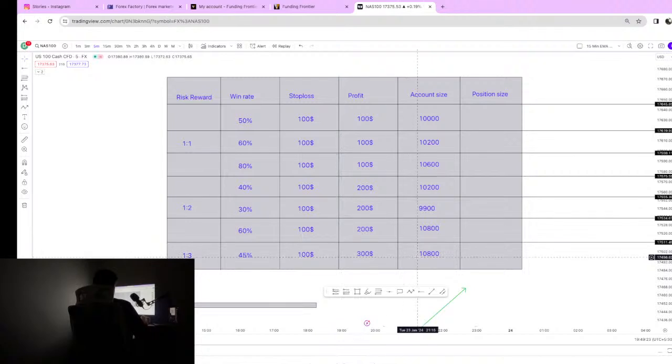Calculate for this. The answer will be 10,800, right? Person who is saying 600 for 45%, how are you saying this?